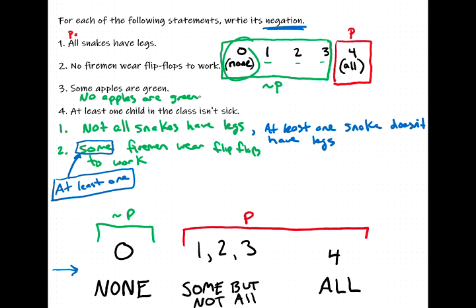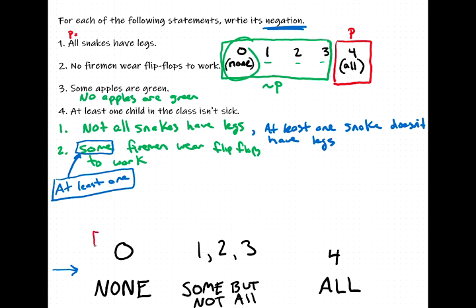All right, and the last one, number 4, at least one child in the class isn't sick. So that means, let's say if there's 4 children in the class, at least one is not sick. So you can't have all 4 being sick. You could have none of them.